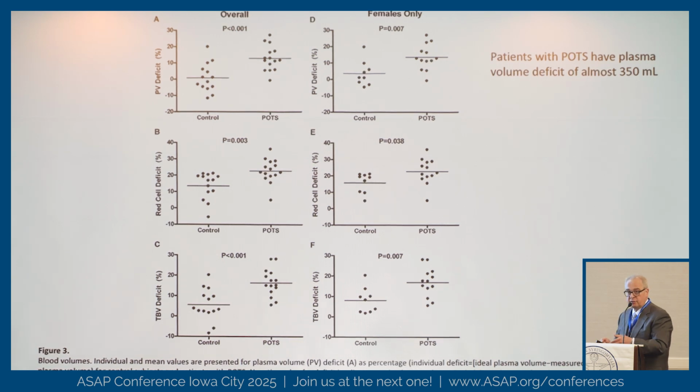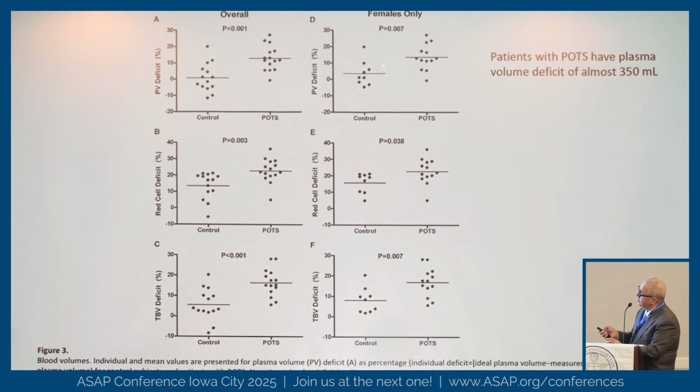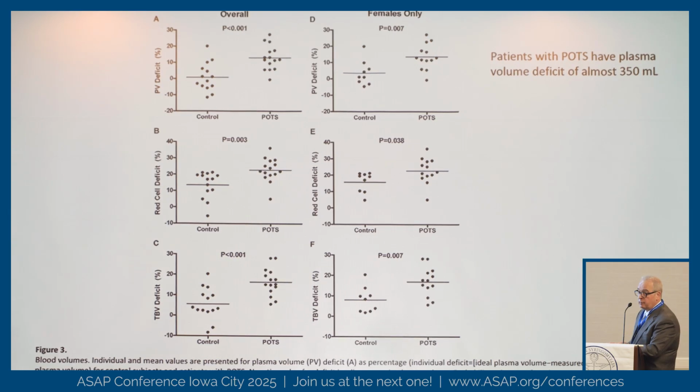There are ways you can measure that. And when they looked at the general population and patients with POTS, they will have both genders, but more pronounced in females. They will have basically a decrease in their plasma volume compared to control. They have a deficit in the red cells and a deficit in their blood volume.